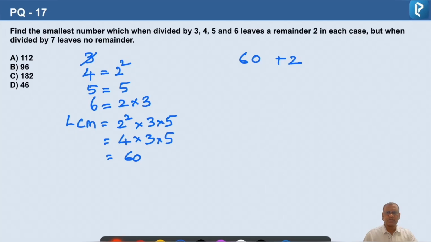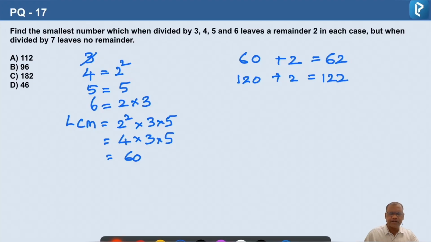60 plus 2 is 62. This leaves a remainder 2. Not only this number, any multiple of 60 plus 2 leaves a remainder 2. The next multiple of 60 is 120, and 120 plus 2 is 122.